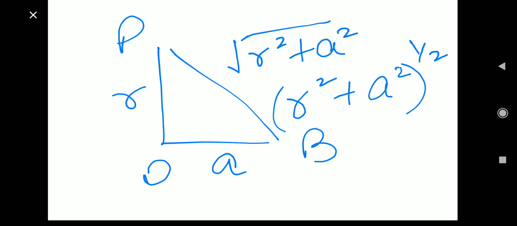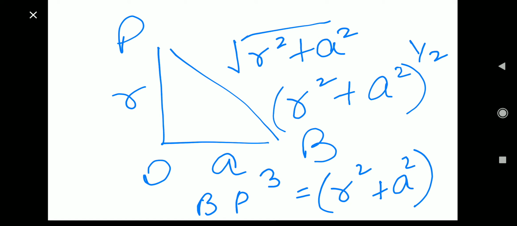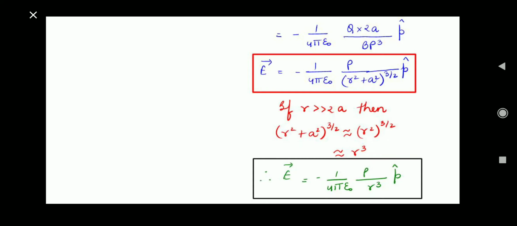Now because it was not BP only, it was BP cube, while writing BP cube we will cube this whole expression. While doing the cube, this power 1 upon 2 will be multiplied by 3. So when it is multiplied by 3, what will come? It will come 3 upon 2. So like this, in place of BP cube we have written R square plus A square to the power 3 upon 2, and we got our expression.